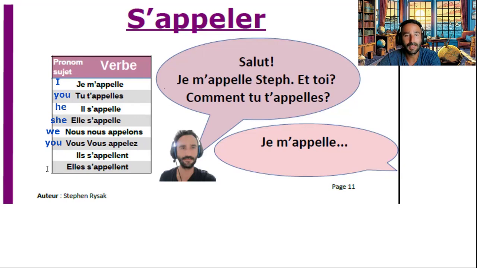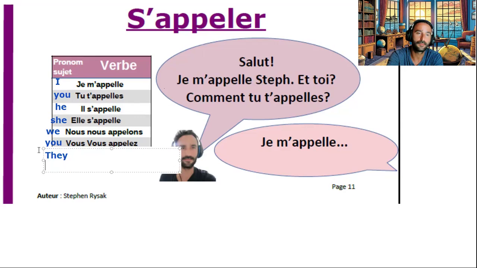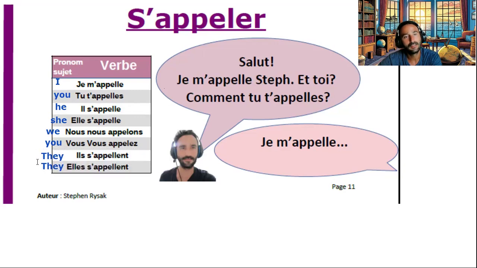Elle s'appelle. So, il and elle, it's like the equivalent of they. Il if it's a group of men, of people, men or women, and elle if it's exclusively a group of women. Okay?